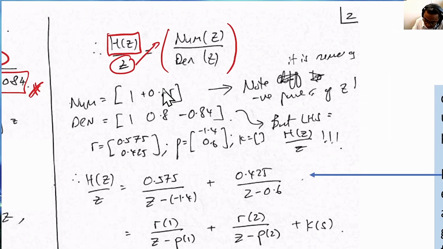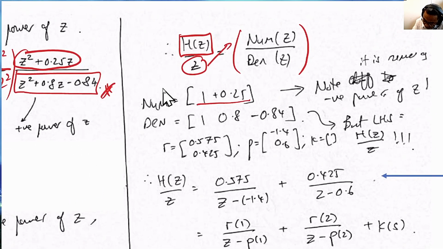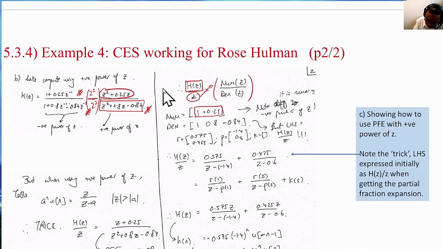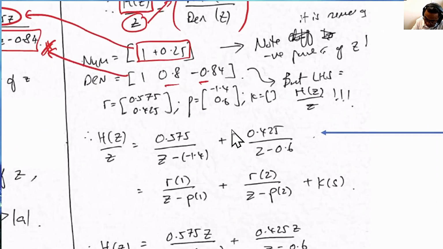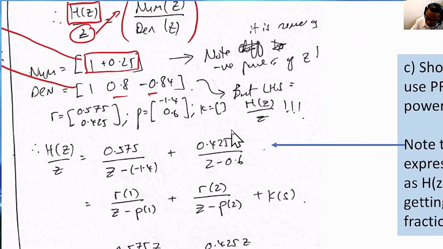So the numerator in powers of z is 1 and 0.25, which is here, and the denominator is 1, 0.8 and minus 0.84, which is here. We use residue.